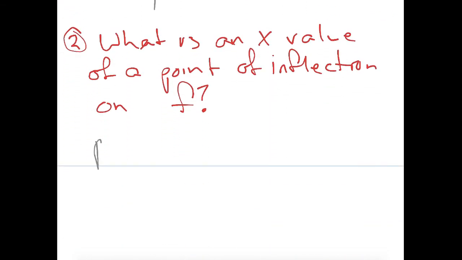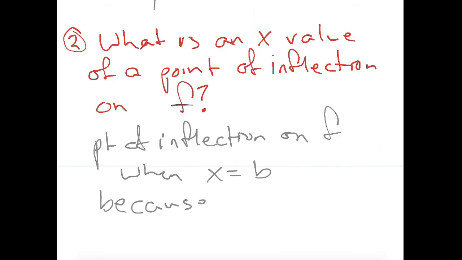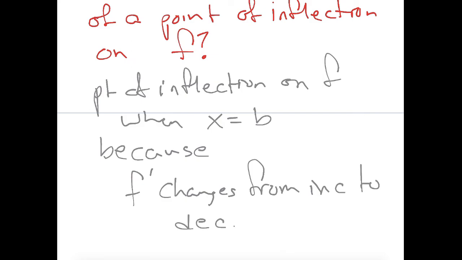So there is a point of inflection on f when x equals B, because f prime changes from increasing to decreasing, something like that.